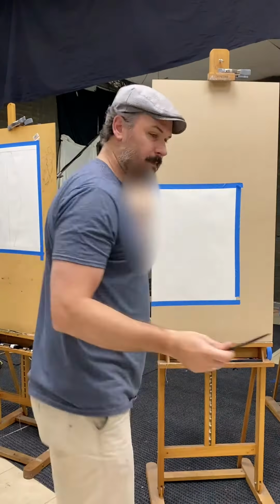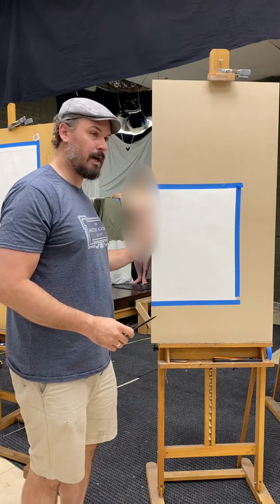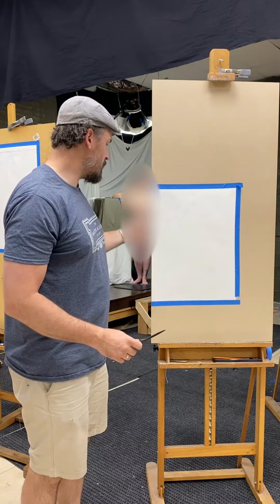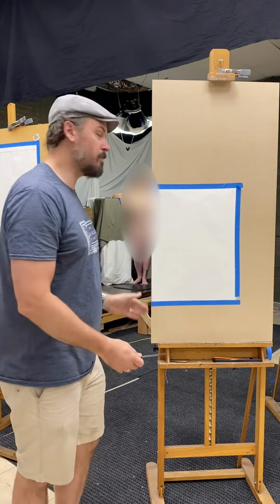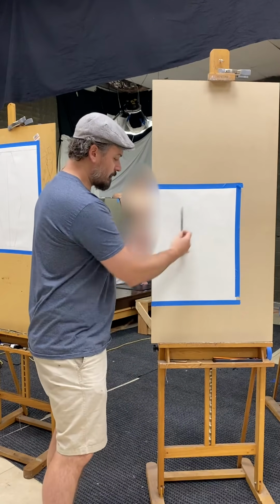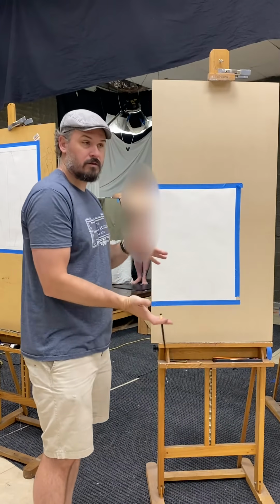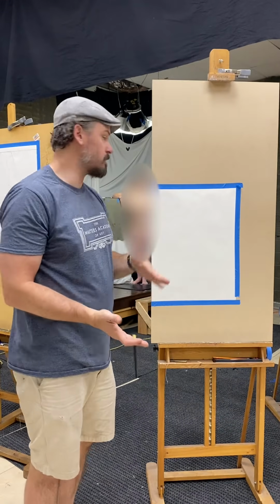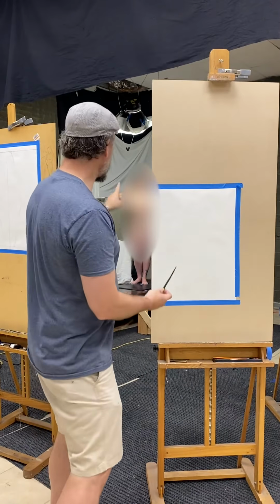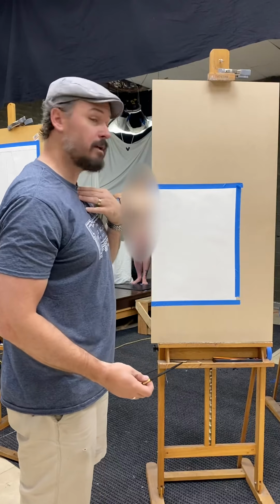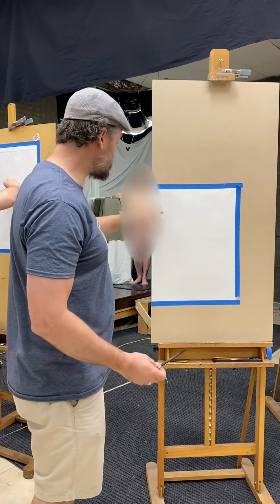Okay. All right. So one thing I forgot to say is the reason we line it up on the edge is because the edge of the board basically gives us a plumb line. So when you're pulling these lines across, that gives you the top and bottom, and those are the first lines on any size drawing: your top, your bottom, and your plumb line. So you'll decide. I would probably use the pit of the neck as a reference point for where I'd put my plumb line on her.